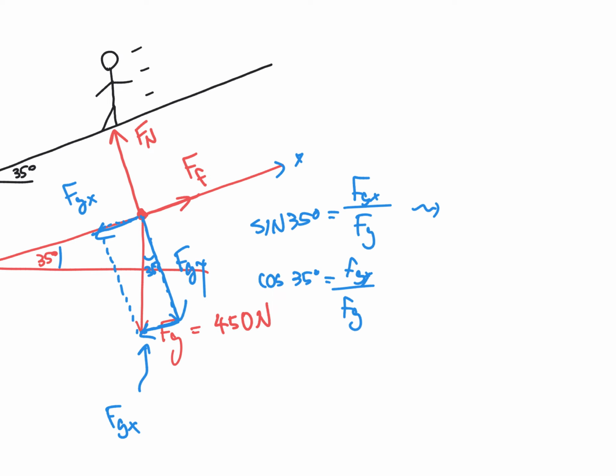I can simplify this, if I rearrange it, to say that Fgx is equal to Fg times sine of 35, or 450 sine of 35, and Fgy equals 450 cosine 35.